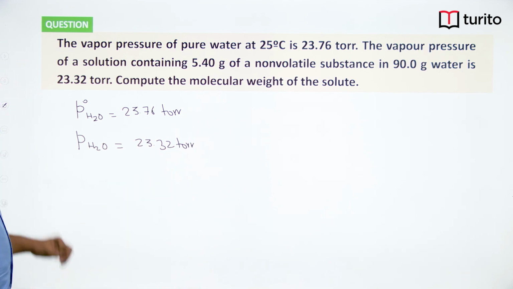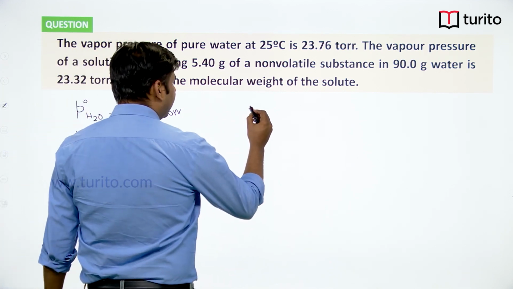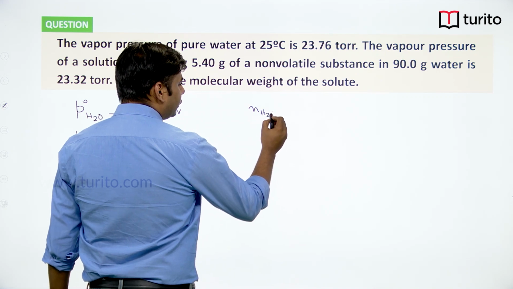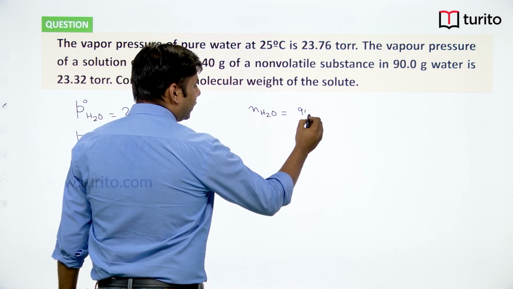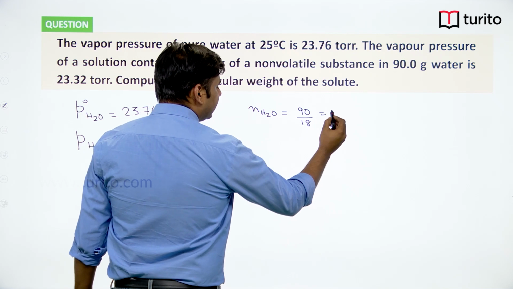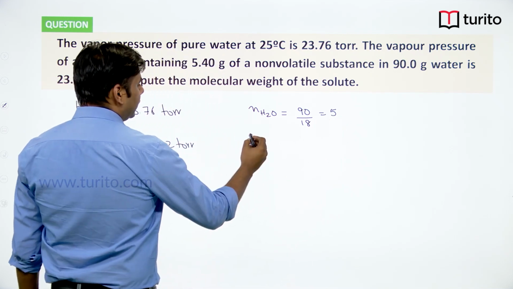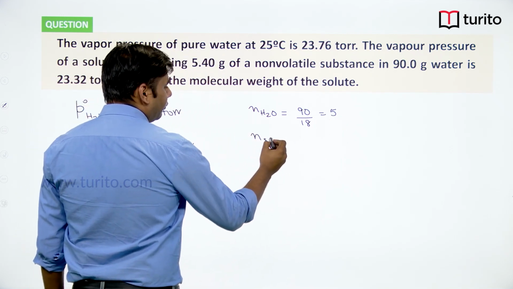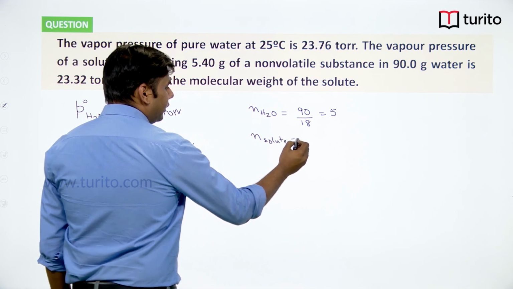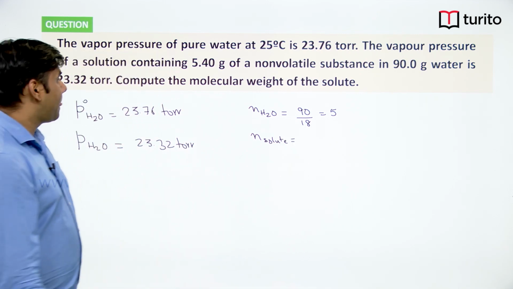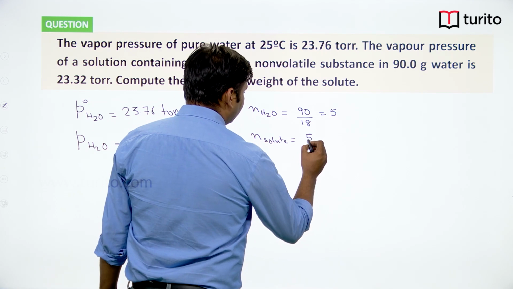We have taken 90 gram of water, so the moles of water would be mass of water divided by its molar mass, which is 5. The moles of solute would be mass of solute upon its molar mass.